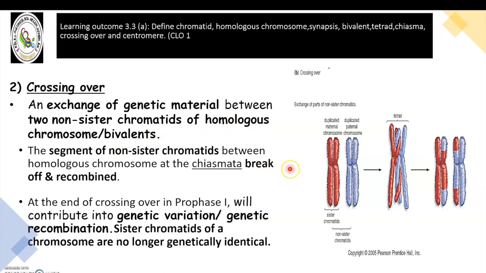So here, the segments of the non-sister chromatids will break off and recombine. So that means at the end of prophase 1, we have genetic variation or genetic recombination. So that means the sister chromatids are no longer genetically identical.